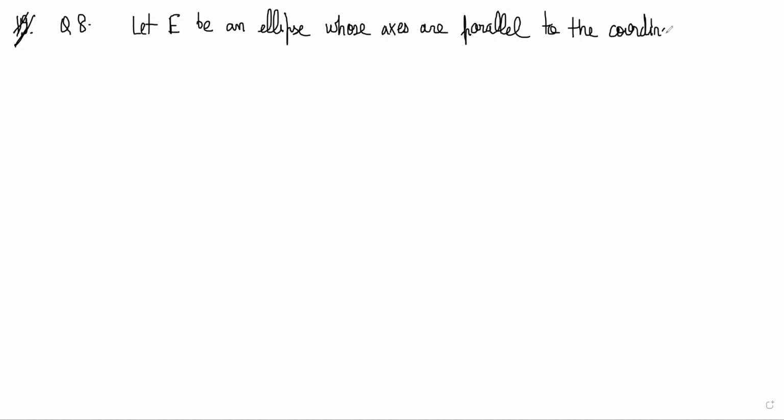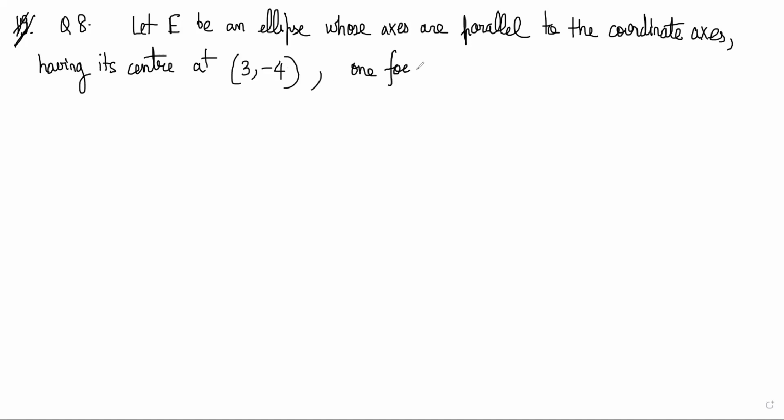Let E be an ellipse whose axes are parallel to the coordinate axes, having its center at (3, -4), one focus at (4, -4), and one vertex at (5, -4).